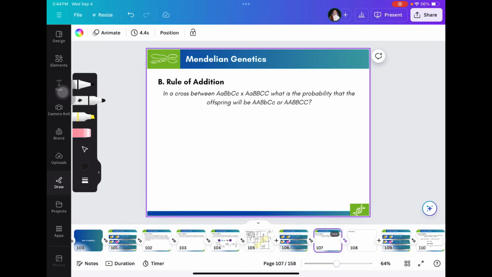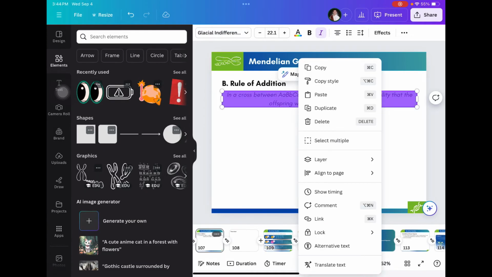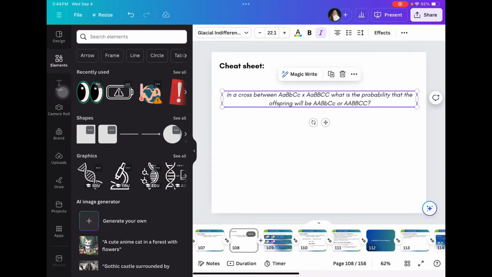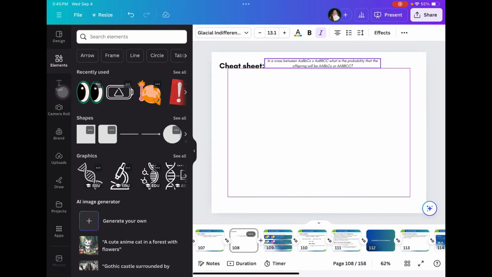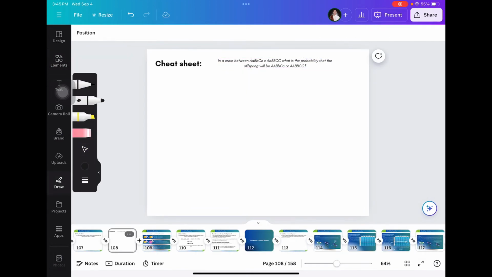Next, in a cross between these traits, what is the probability that the offspring will be the following? I don't want to read that anymore, so I'm going to copy this to another page, which is this one, so we will have enough space to calculate. So the offspring that we wanted to find is either this one or this one.